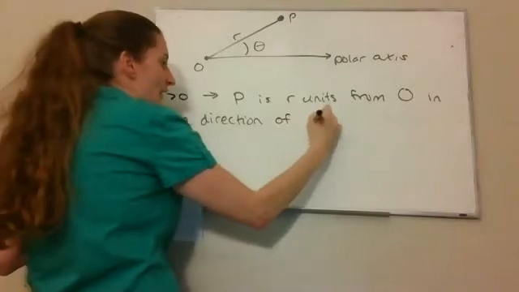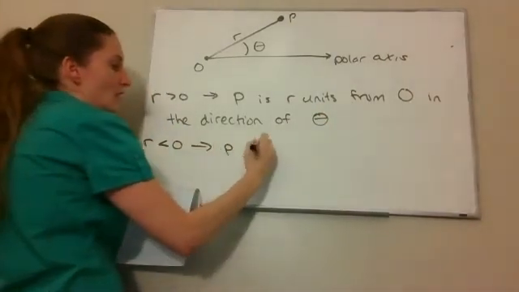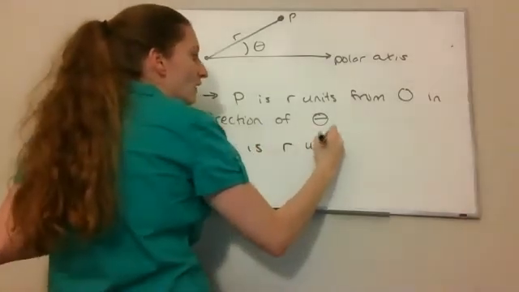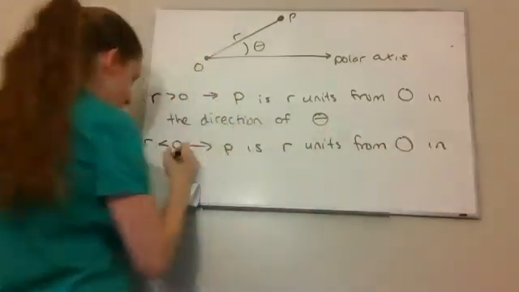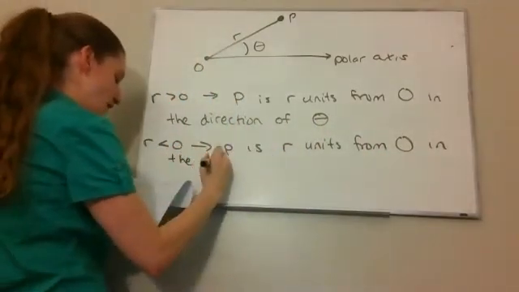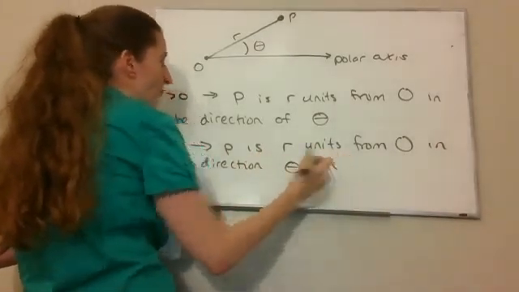of the angle theta. If r is negative, then P is |r| units from O in the direction theta plus pi.